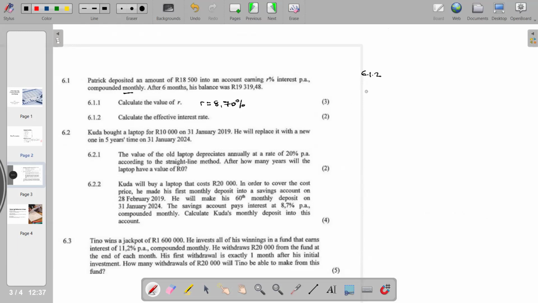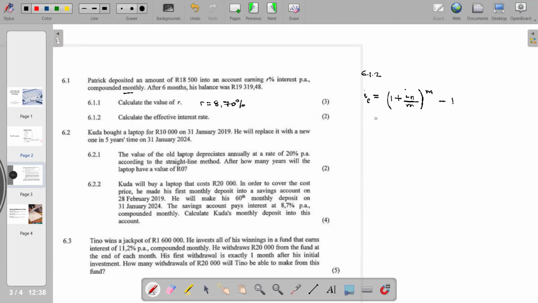So the effective rate will be equal to, take note this formula is not there on the formula sheet, so you have to know it. So it's gonna be 1 plus i, the nominal rate, divided by the number of compounds, raised to the power those compounds, minus 1.